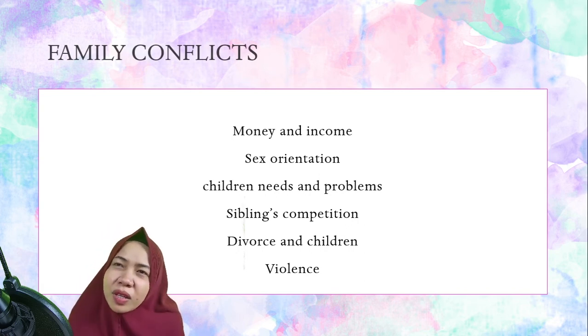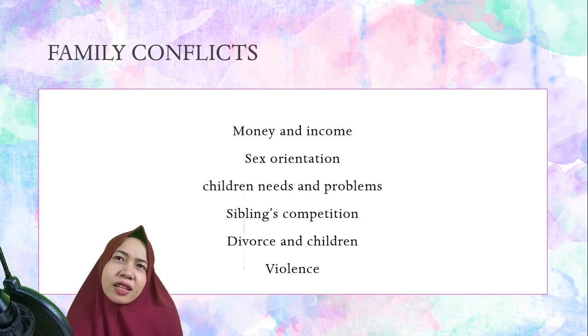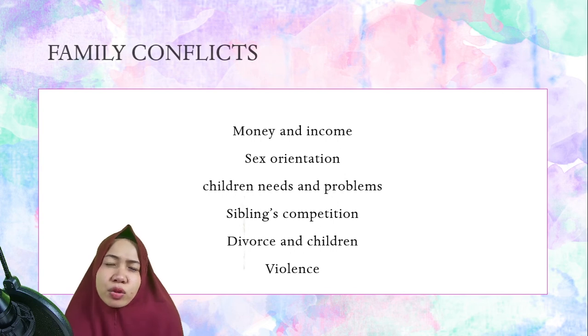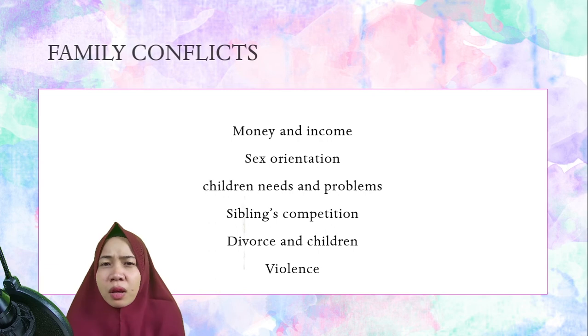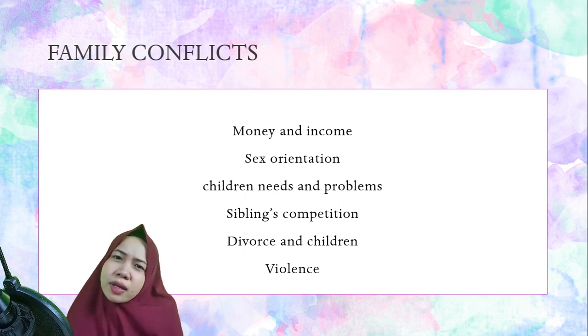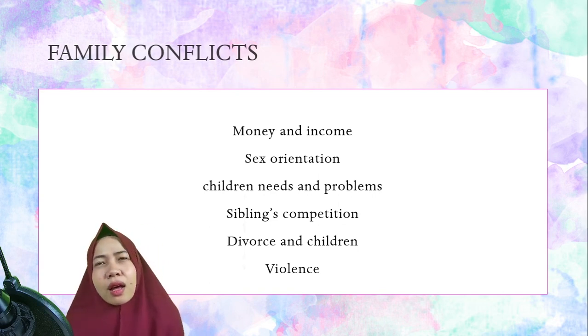What are the possible reasons that can be the background of these problems? Violence can become very violent if, okay, she or he gets drugs or alcohol, for example. What can be reasons for someone to get into drugs and alcohol?